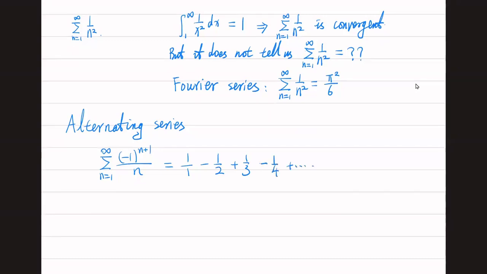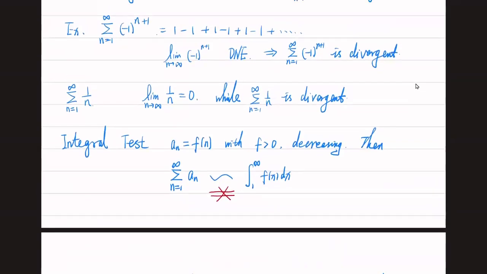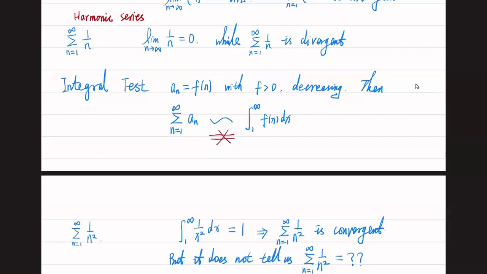Continue. This is closely related to the previous one. This one is called the harmonic series. We know it's divergent.